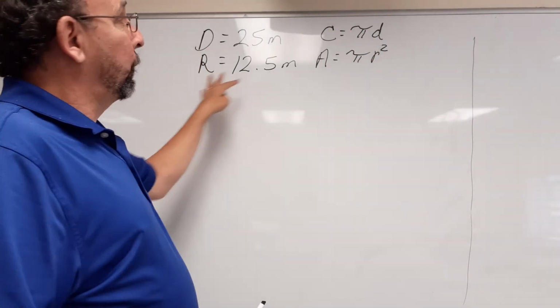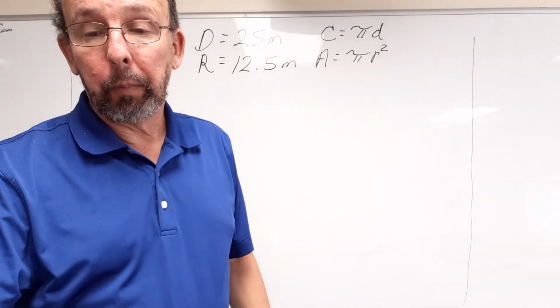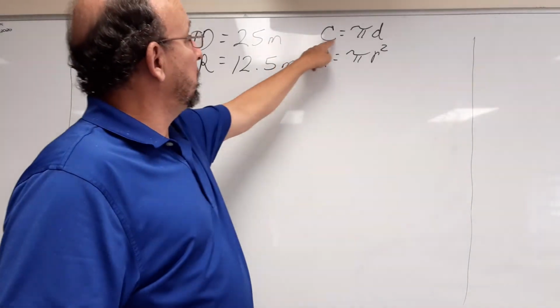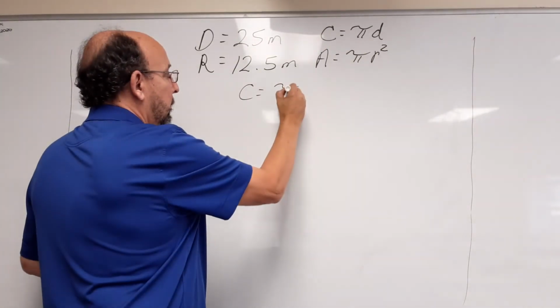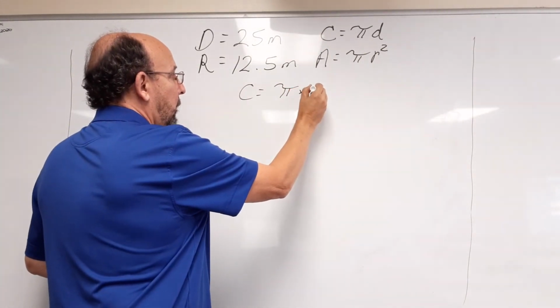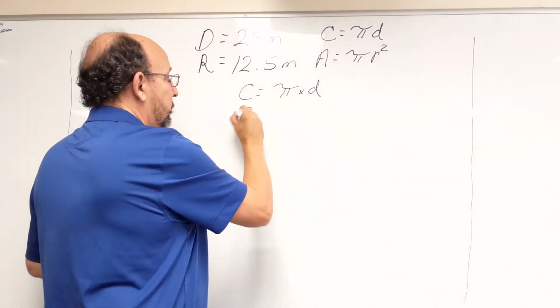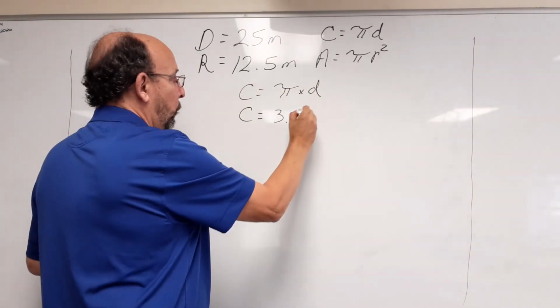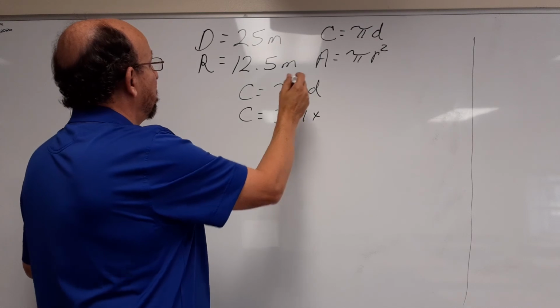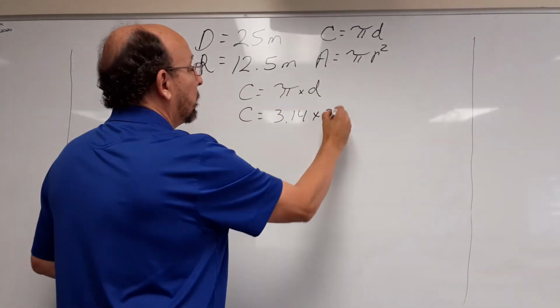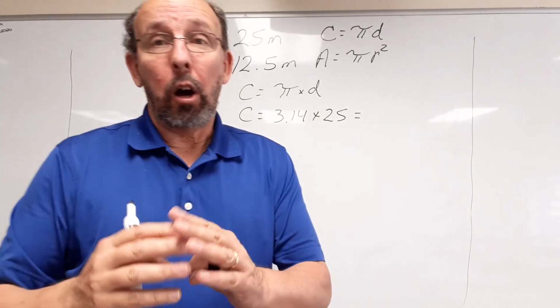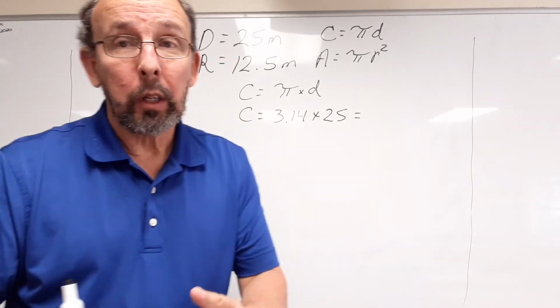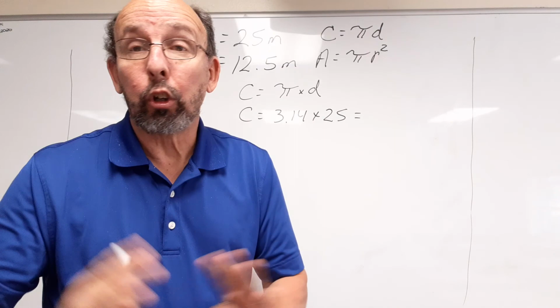All right, so first you want to find the circumference. The formula, C equals pi d. So C equals pi times the diameter. C equals 3.14 times, what's the diameter? 25. You multiply that out, and on your homework and tests from now on, if you want to use a calculator, go ahead.